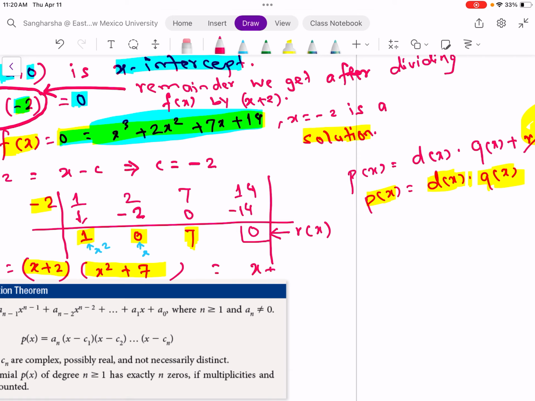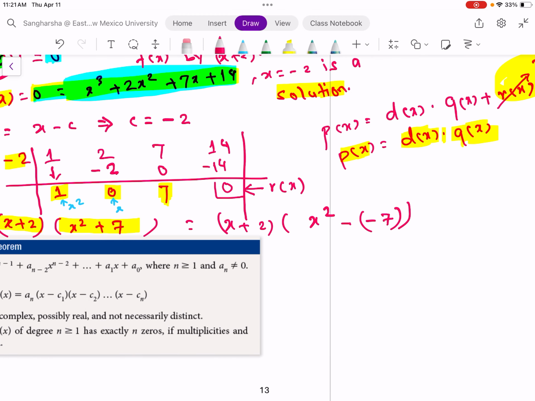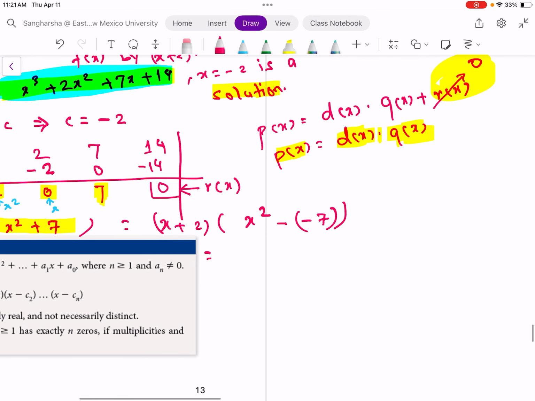So we have x plus 2. Now can I rewrite x square plus 7 as x square minus minus 7? Is it the same? Okay, so here we have x plus 2 as it is. Now x square is x square, we have negative.